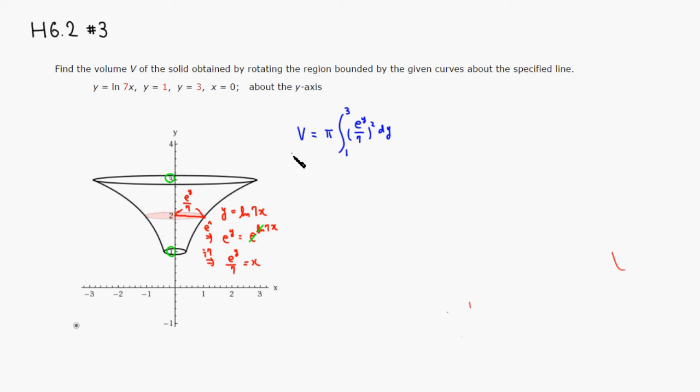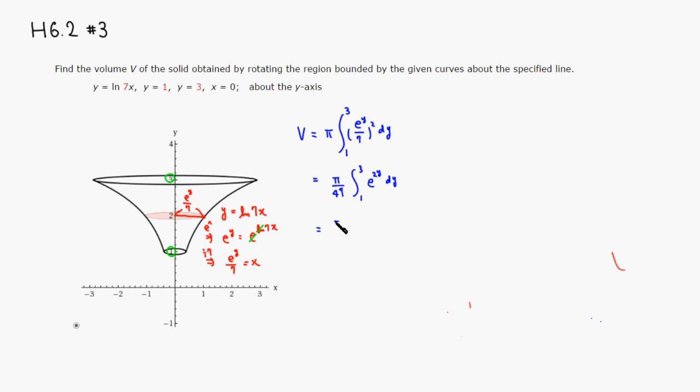Let's compute this. You have a pi, and 7 squared would be 49, so I'll put it out here. You have the integral from 1 to 3, and e to the y squared would be e to the 2y, dy.